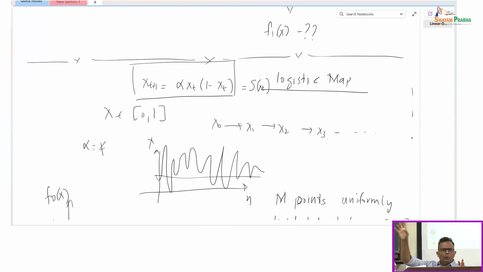That's a good thing, but the trade-off is that we go from finite dimensional nonlinear to infinite dimensional linear. For example, the logistic map is a one-dimensional nonlinear system, and it becomes an infinite dimensional linear system.